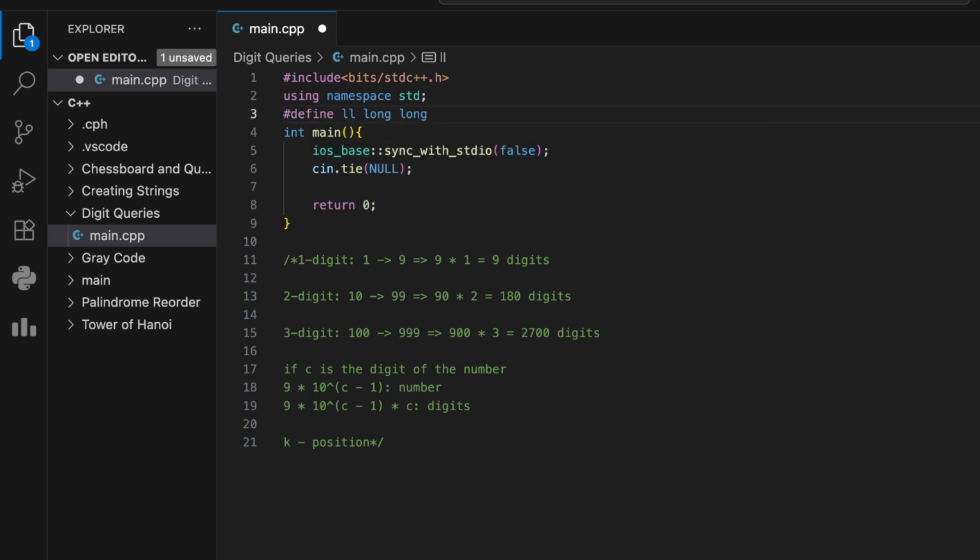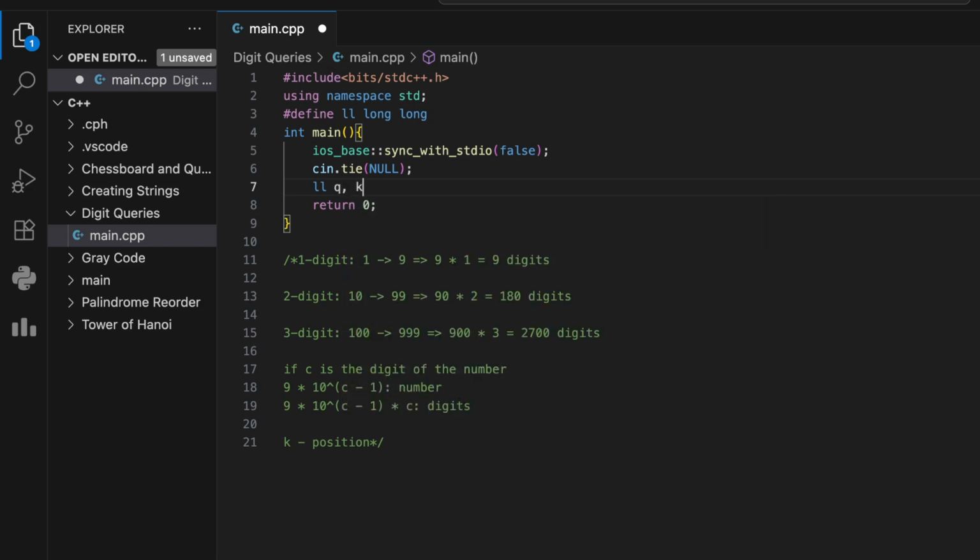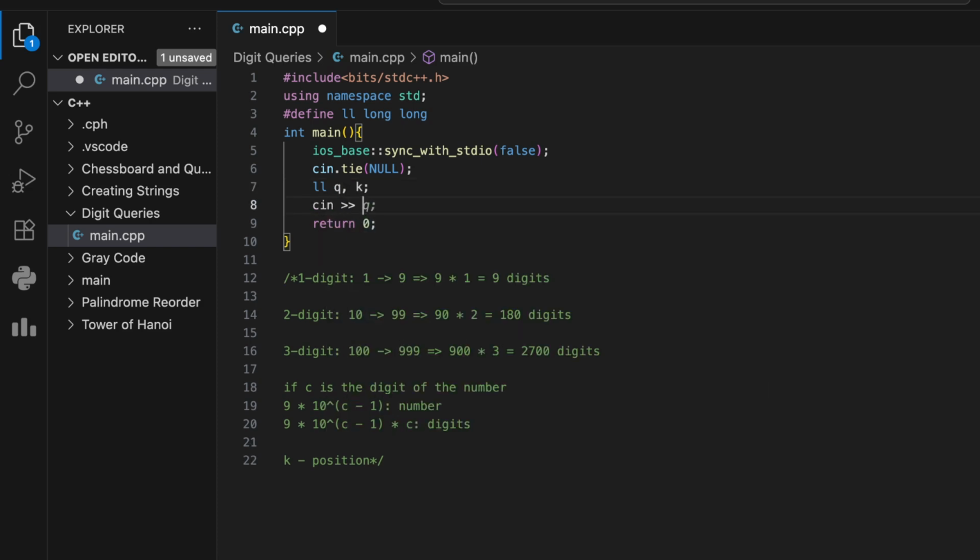I want to keep all numbers in the long data type, so I'm going to use it throughout the code. First, we initialize the variables q and k for queries.